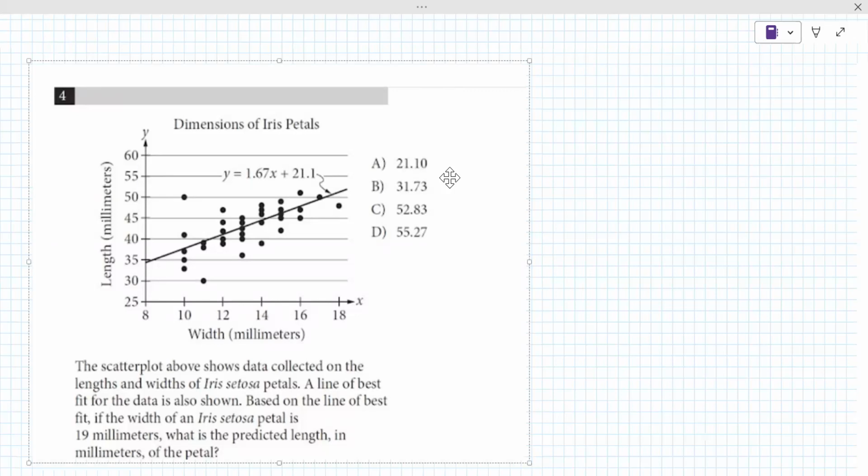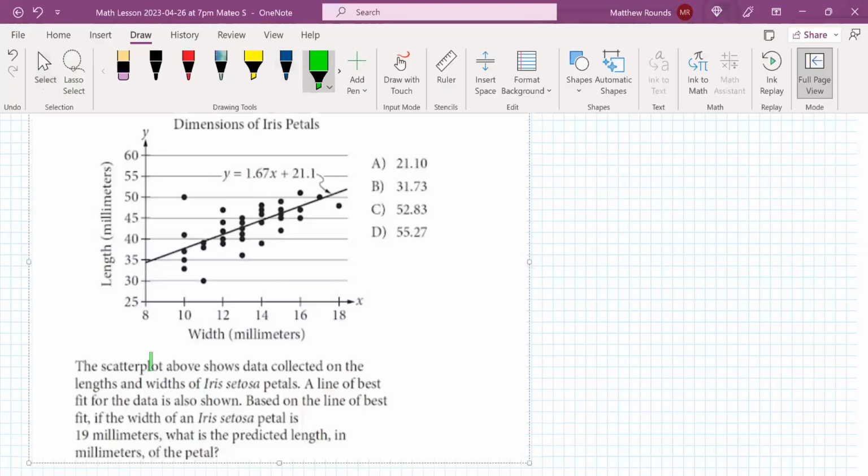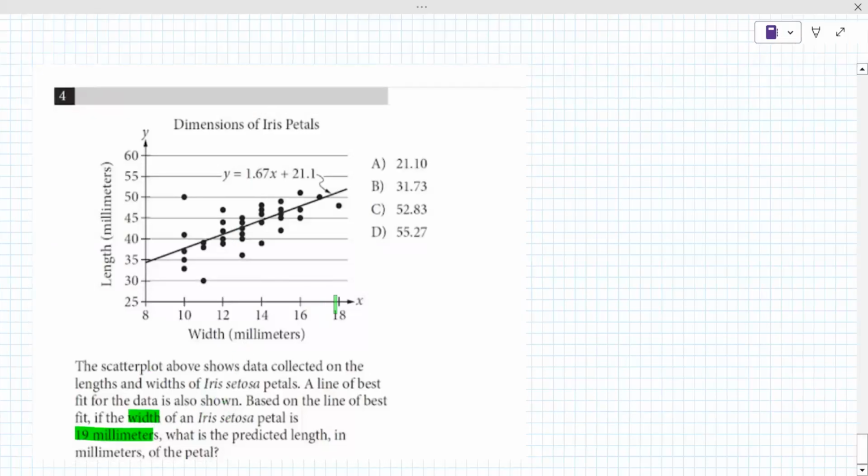Okay, so I think maybe the challenge on this one, and I'm not sure if you're right or wrong, is: are they giving you the width or are they giving you the length? That's what you're trying to decide here. So it looks like they're giving you the width, 19, which is the x value.